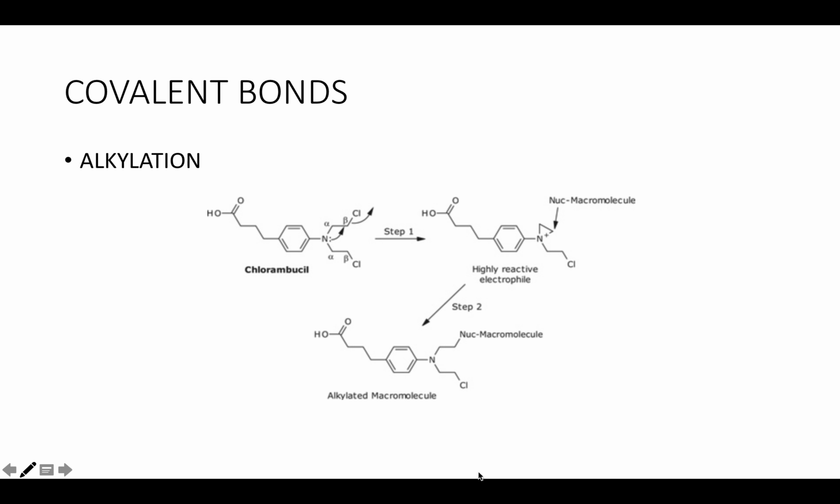All right, so let's dig through the specific kinds of bonds here. Now, the type of covalent bonding that we're going to deal with right now is alkylation, and the example that we will look at is chlorambucil. Okay.